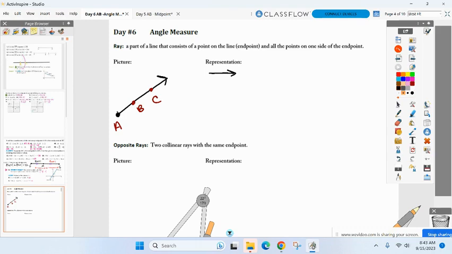You can't name this CB. You can't name this BA. You have to name it A followed by another point on the ray. So whether you name it AB, ABC, or AC, A has got to come first, the endpoint. We okay with the ray?